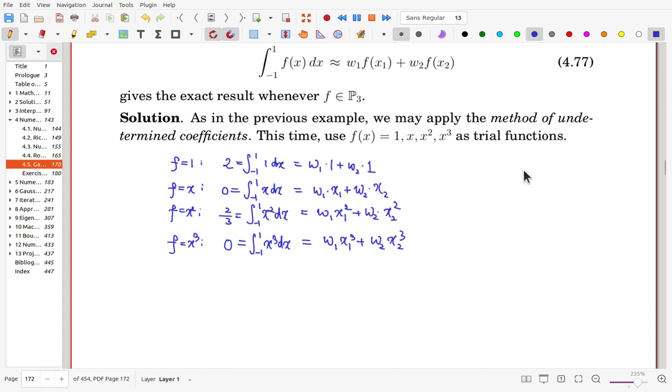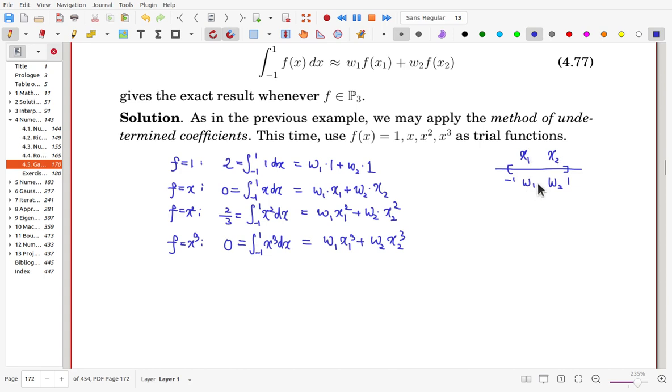Here the interval is minus 1 to 1. We are trying to choose x1 and x2, and the corresponding weights w1 and w2. There is no reason for them to be non-symmetric. They should be symmetric.